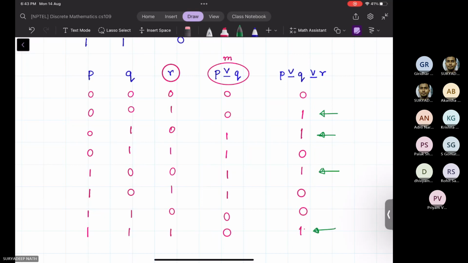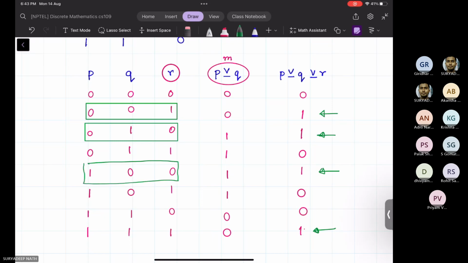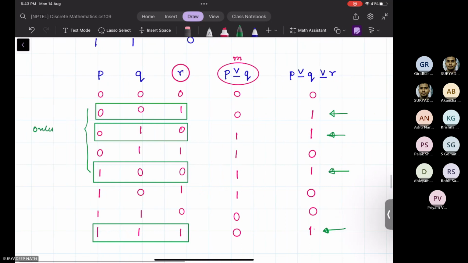you see, so in these four cases, you see that either only one is true, and here all are true.